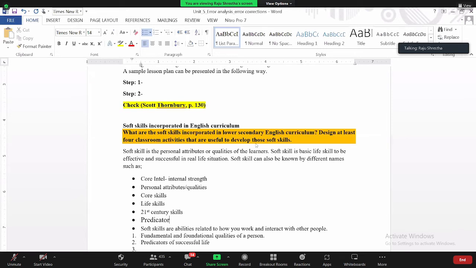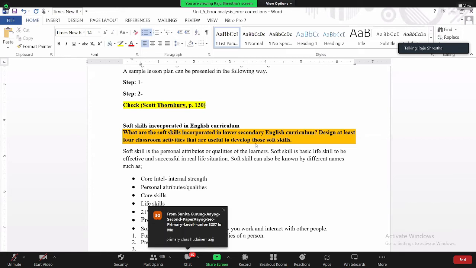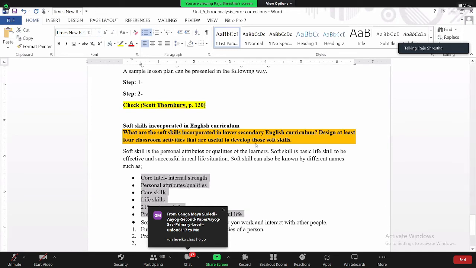Predictors of successful and effective life. These are the indicators and predictors of effective and successful life, we can understand like this, okay?